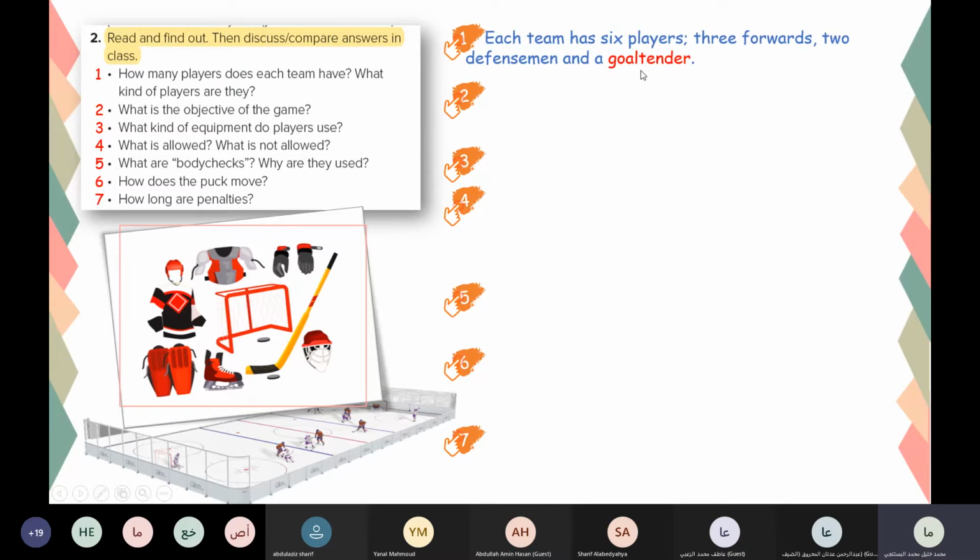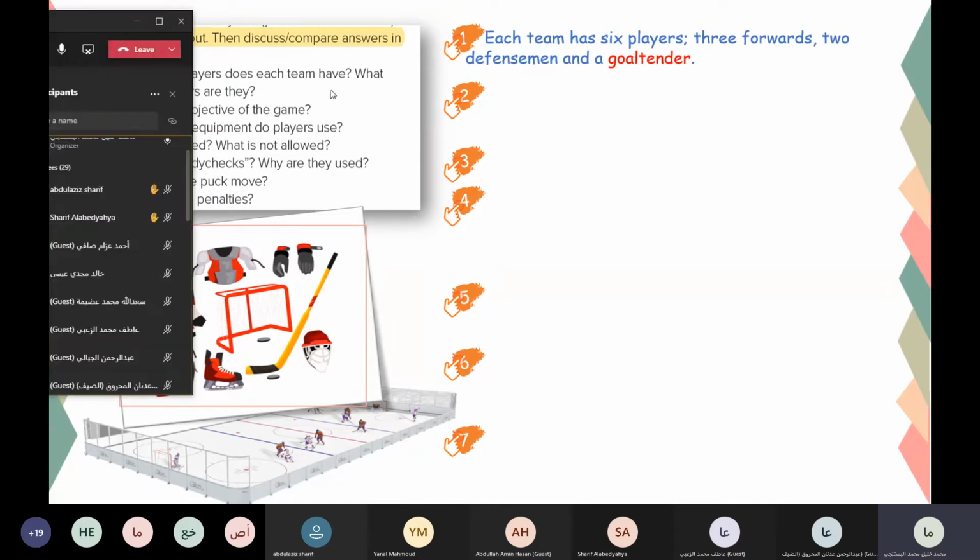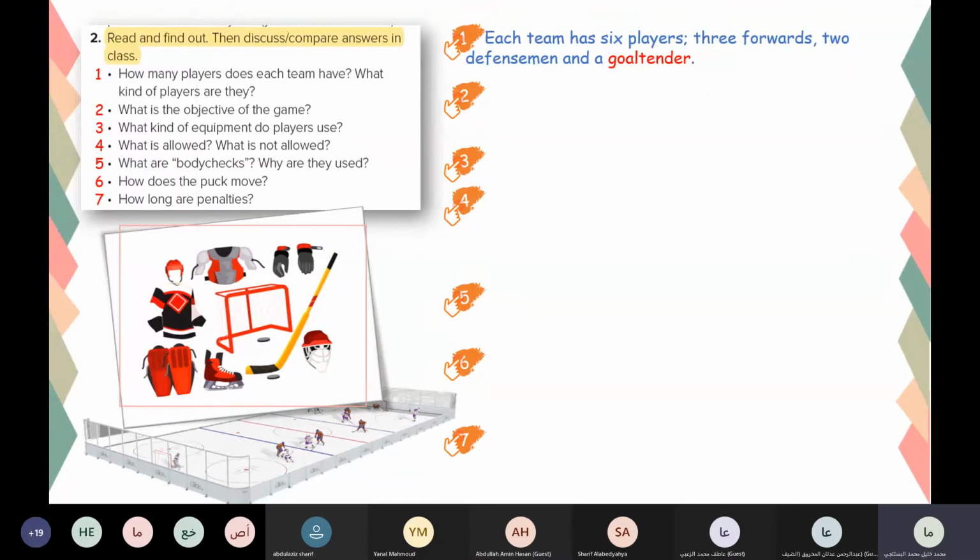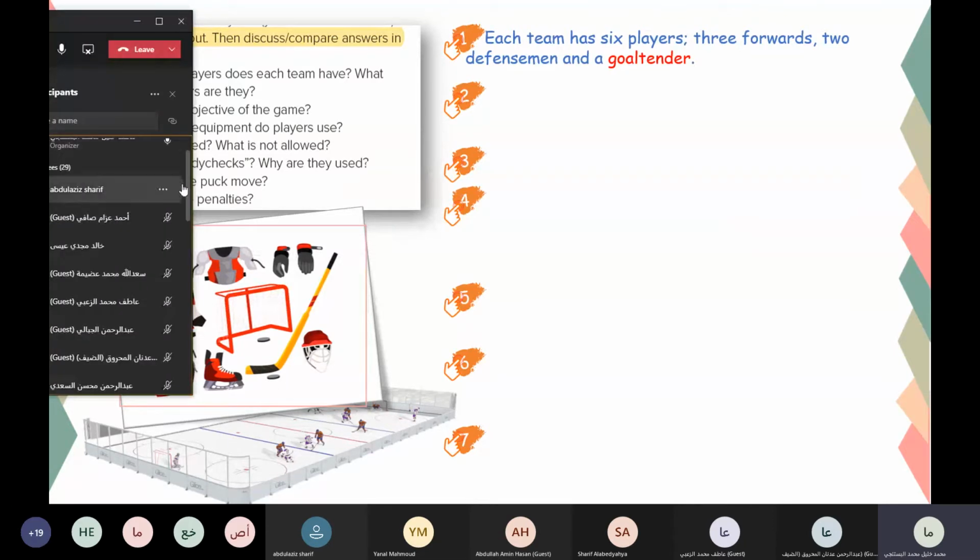Number 2. Who can answer? Abdulaziz. What is the objective of the game? Look at paragraph number 3, I think. Ahmed Azzam.